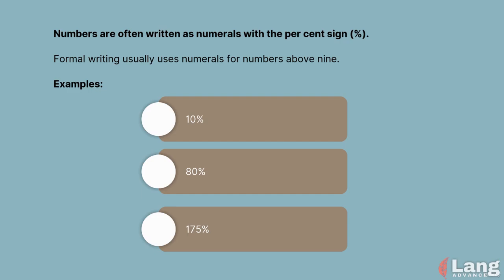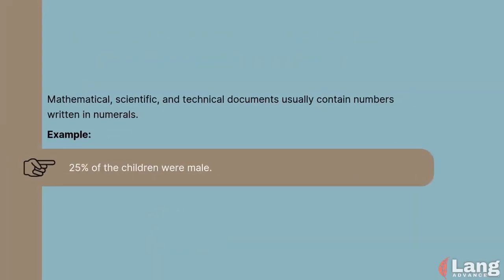Formal writing usually uses numerals for numbers above 9. Examples: 10%, 80%, 175%. Mathematical, scientific, and technical documents usually contain numbers written in numerals. Example: 25% of the children were male.